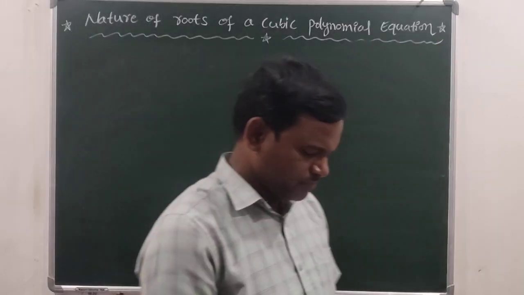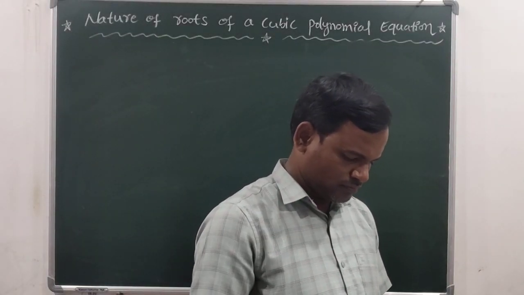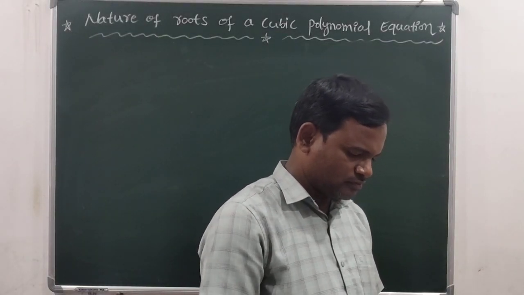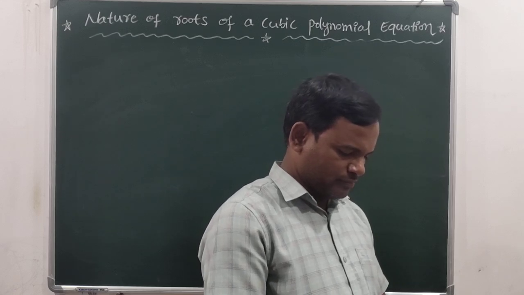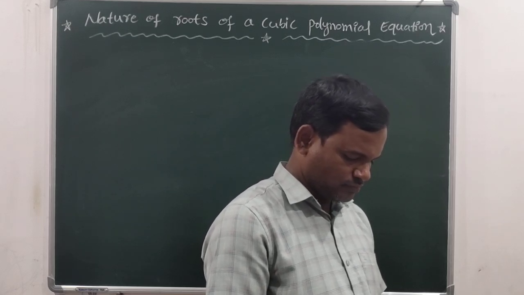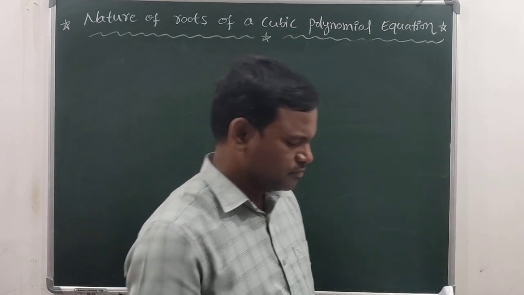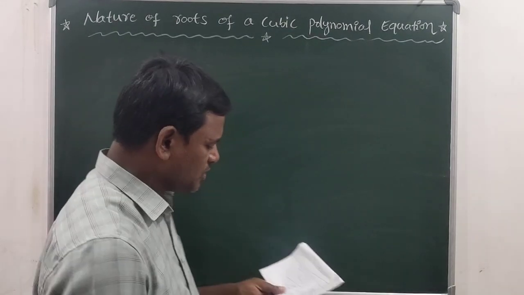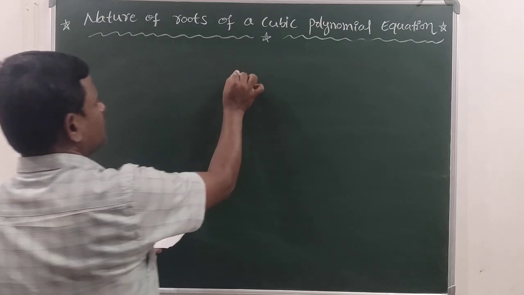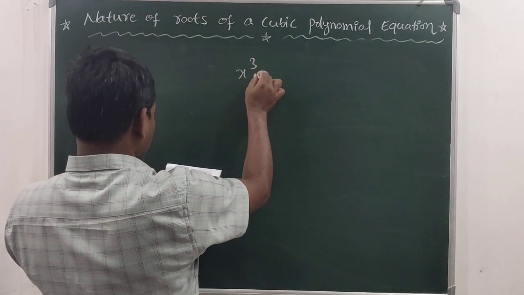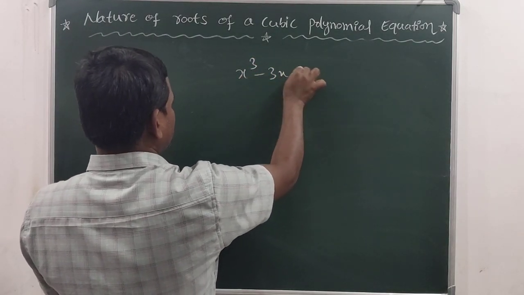Now see that question. One cubic equation is given: x cube minus 3x plus k equal to 0.